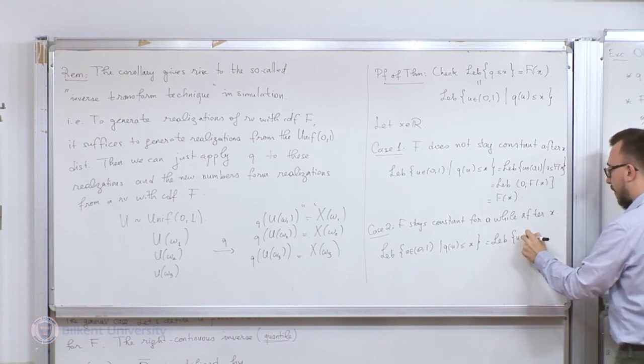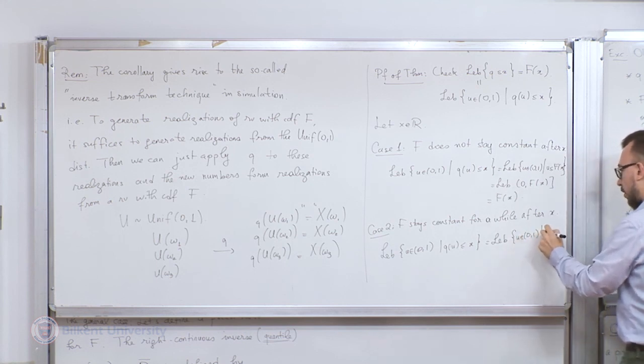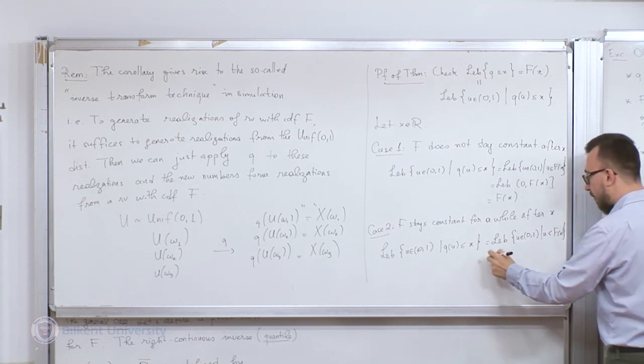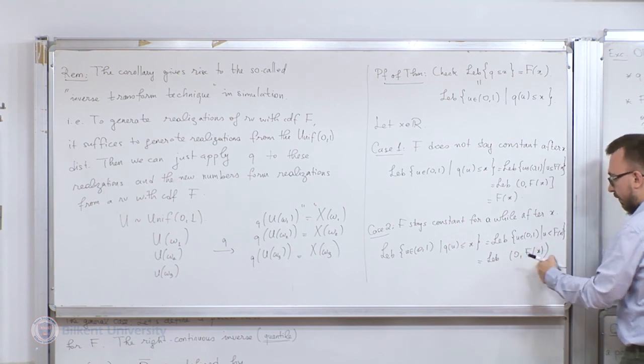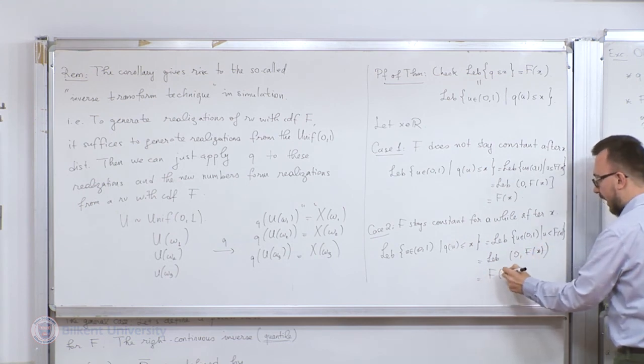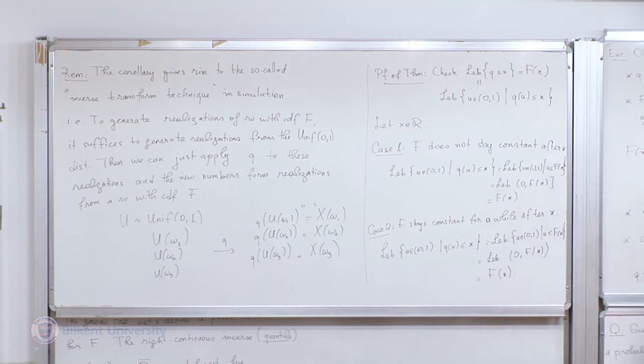So u is strictly less than F of x, but this does not matter in terms of the Lebesgue measure. Even if you look at the open version of this interval, you still have the length equal to F of x. So it doesn't really matter which case you look at. In Lebesgue measure, you're going to get the same value.